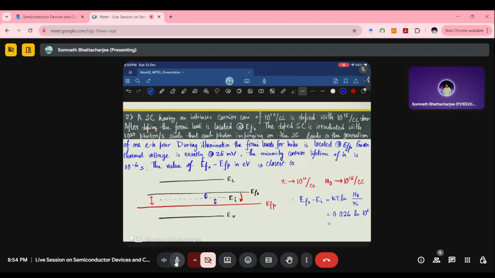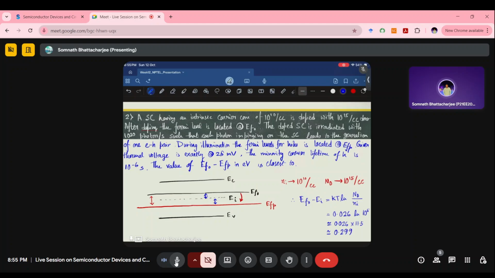We can directly get this value. ln of 10 to the power 5 is 11.5. The value is 0.026 times 11.5, which is 0.2993, or we can write it as 0.3 as well.